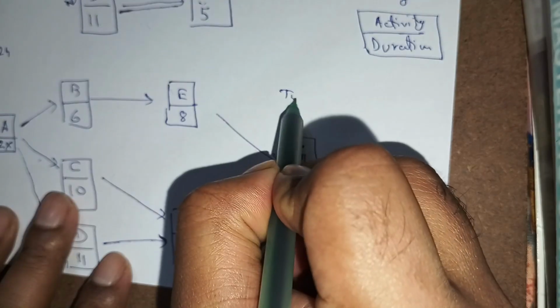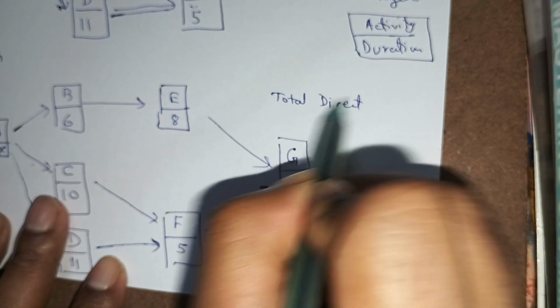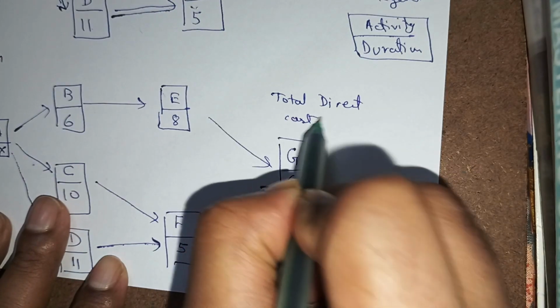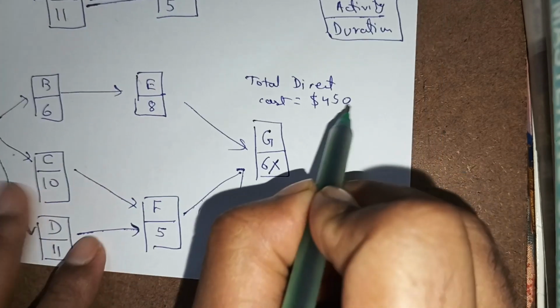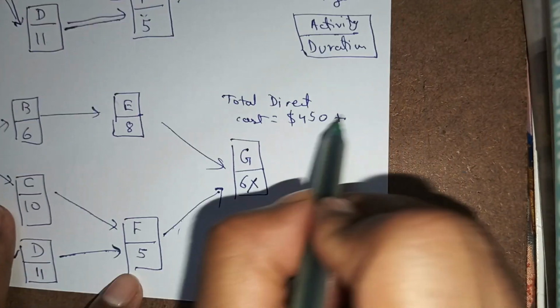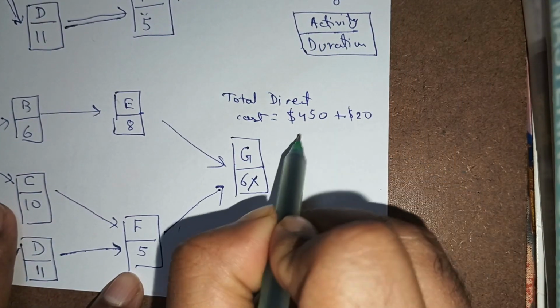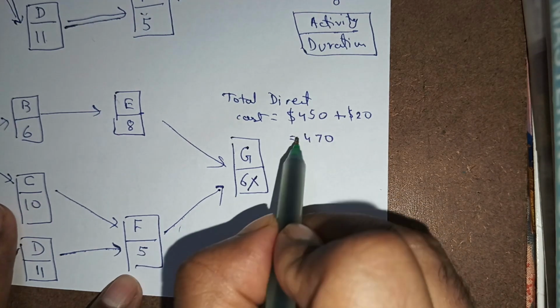So our total direct cost is now equal to $450 plus the cost of A, that is $20, okay. So it is now $470.